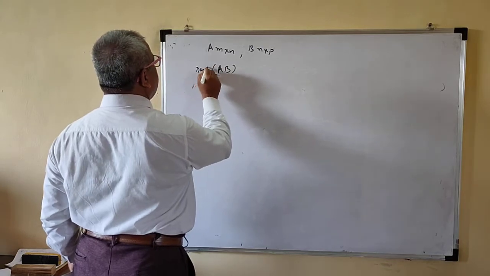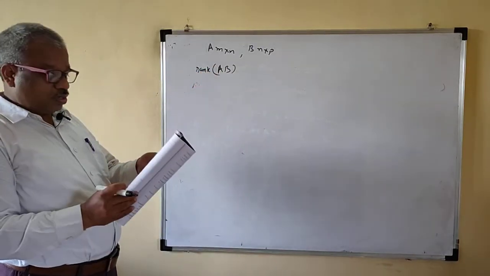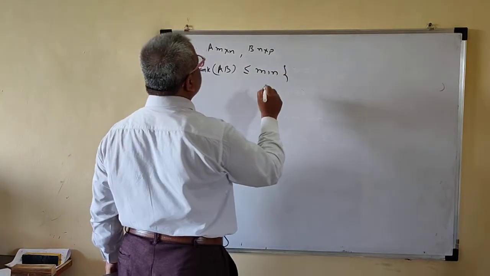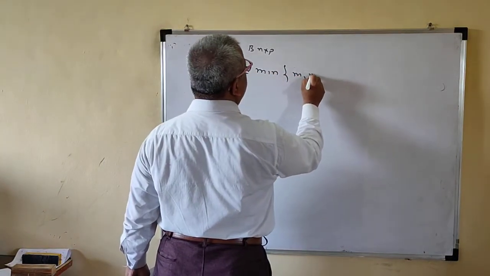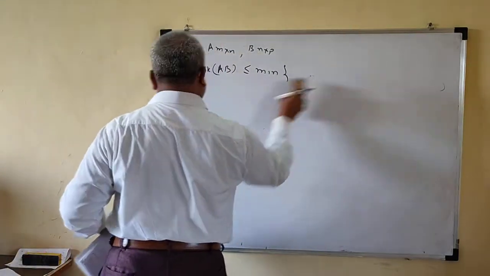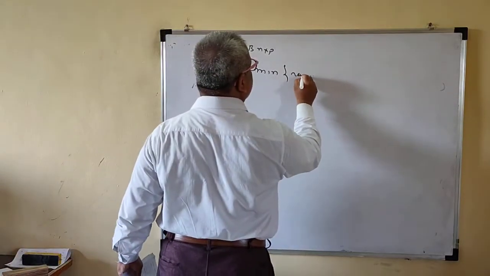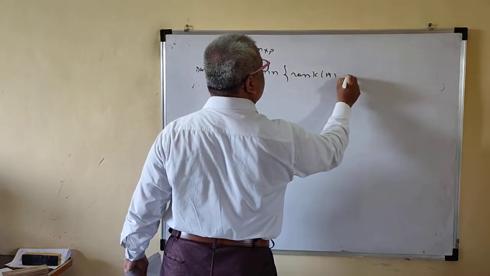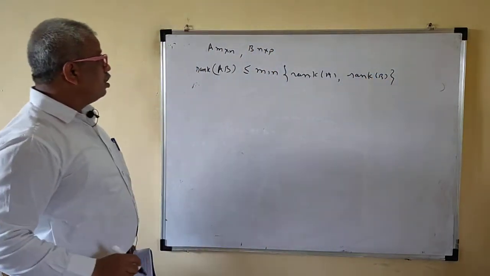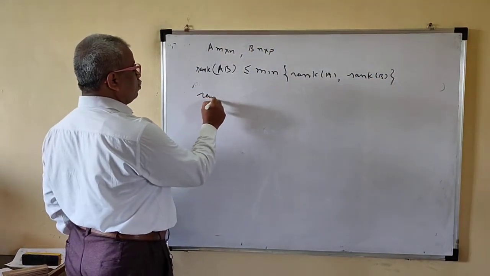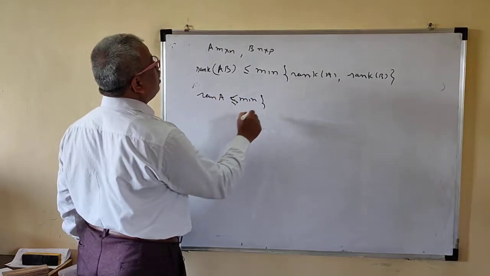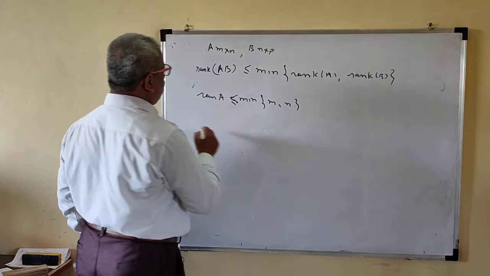Then the rank of AB, the rank of the product, is less than or equal to the minimum of rank of A and rank of B. Okay, so also, the rank of A is less than or equal to the minimum of m and n. This is also an important note.